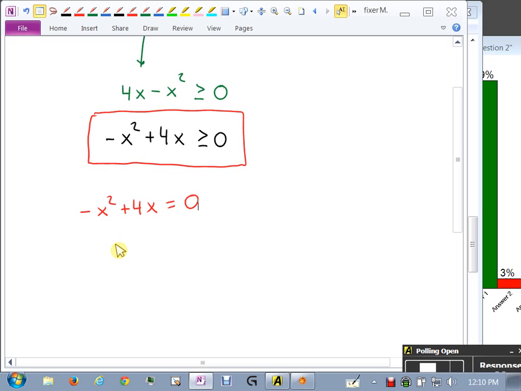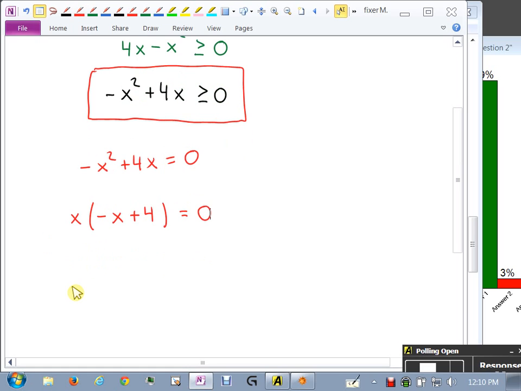You could use quadratic formula. It'll go a little easier, though, to factor out. What do you want me to factor out? x. Okay, if I do x, I have to be careful. What's still here? Negative x plus 4. Now, you could have pulled a negative x out, but that's what was instructed, so that's what I did.